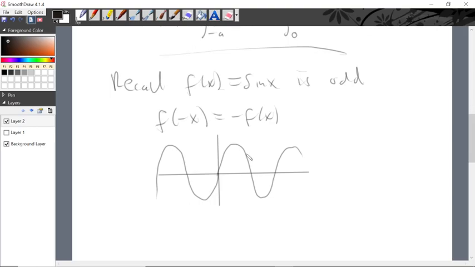For any point that we may choose out here, for instance, if we have the coordinates x, f of x, at that point, where x, sine of x for this particular function, there would be another point where if we went to the opposite side of 0, if we went to where -x is located, the output of the function would be negative of this f of x.